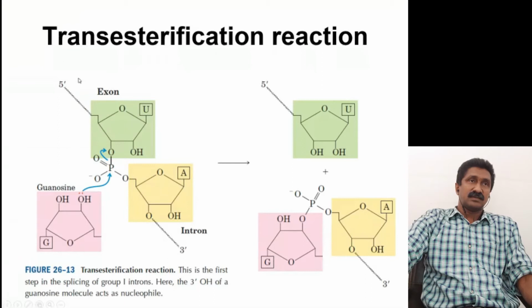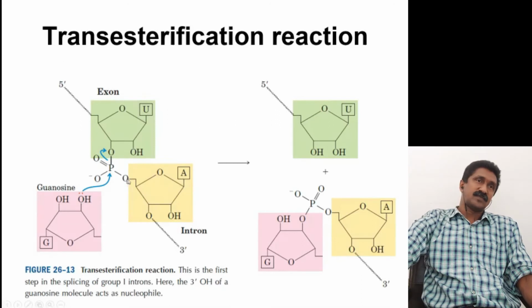This is the sugar phosphate backbone, 5' and 3'. This is the sugar of one nucleotide, and this is the second nucleotide sugar. There is a phosphodiester bond between these two sugar molecules.